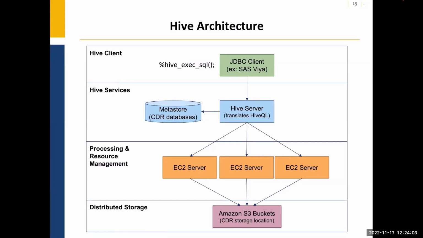The corresponding records from all of the data files are pulled back on the EC2 machines, tagged with appropriate keys, shuffled, and passed on to the reduce operations to finally get to the resulting data sets to return back to the Hive service and essentially back to the SAS Viya system for that specific query.